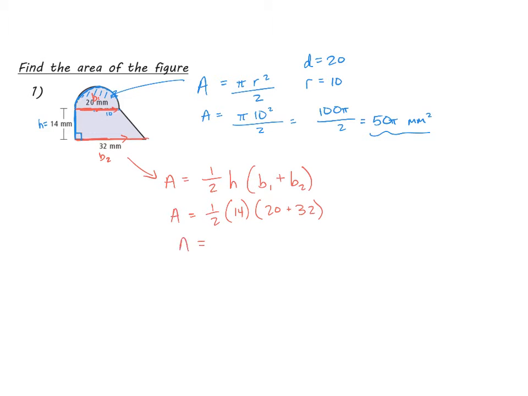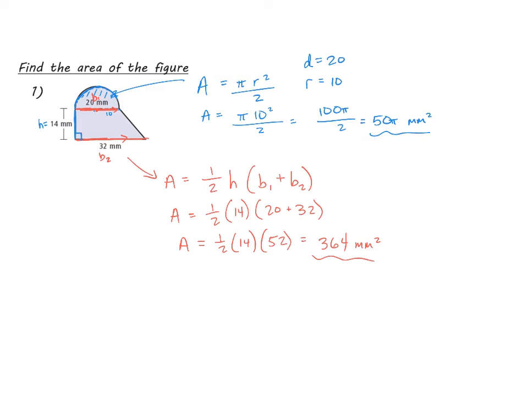Punch that into your calculators and see what you get. Remember, order of operations, so you need to do 20 plus 32 first. And my calculator tells me that that's 364. It's area, so it's millimeters squared.